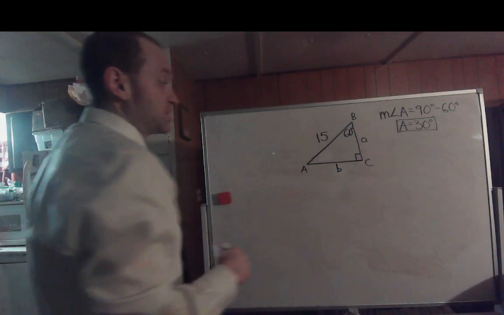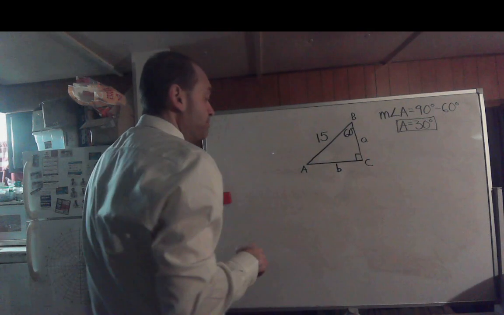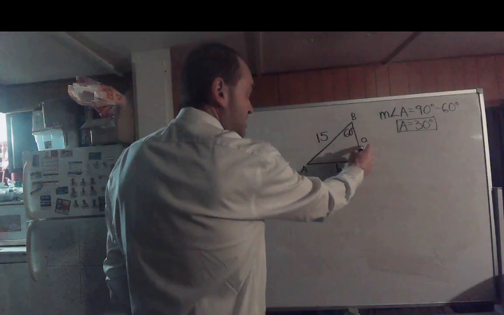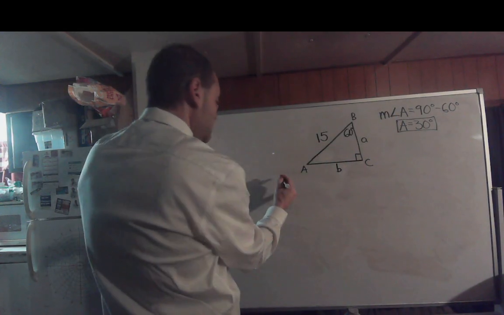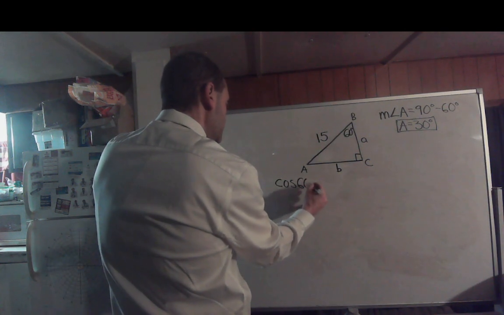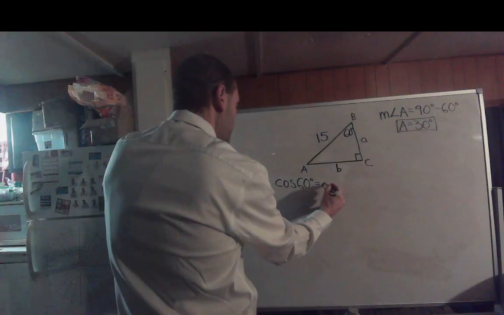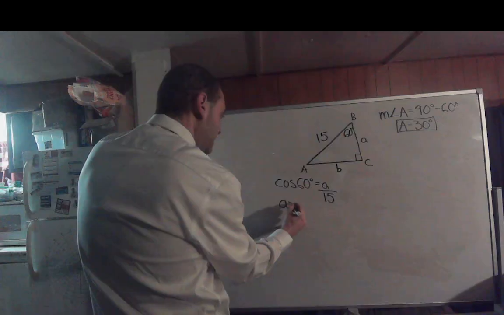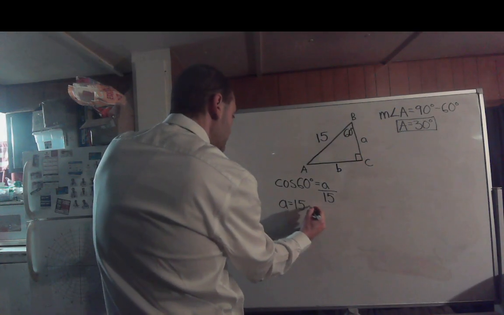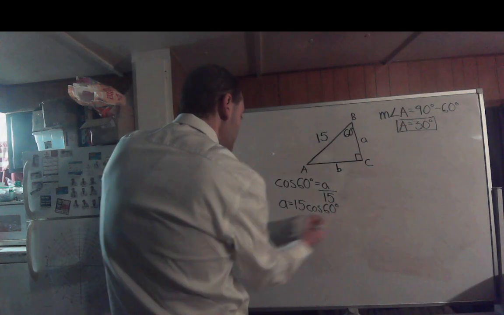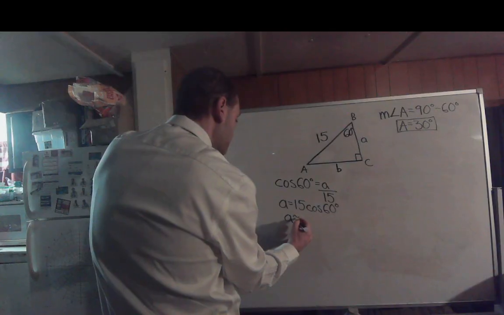Okay, well, let's go in alphabetical order again. If we want to solve for A, the cosine of 60 is A over 15. So let's set that ratio up. Cosine of 60 degrees equals A over 15, which means that A equals 15 times the cosine of 60 degrees. And then we can get a two decimal place approximation.